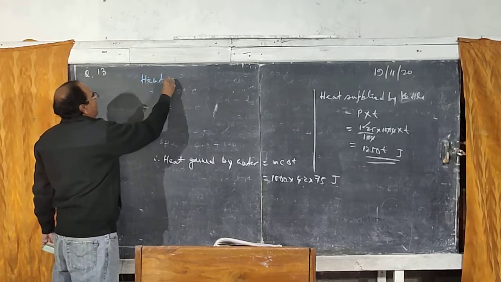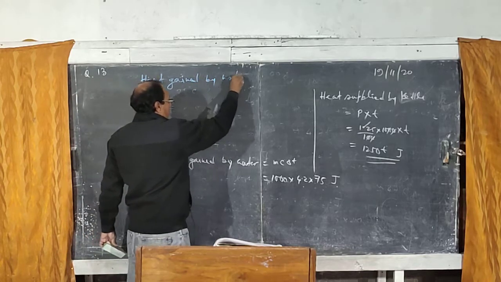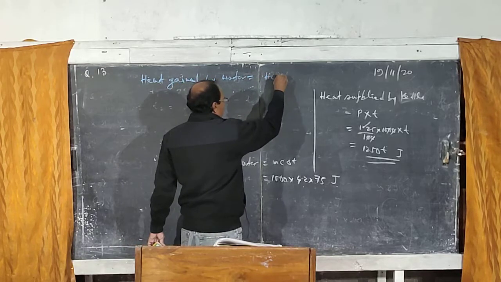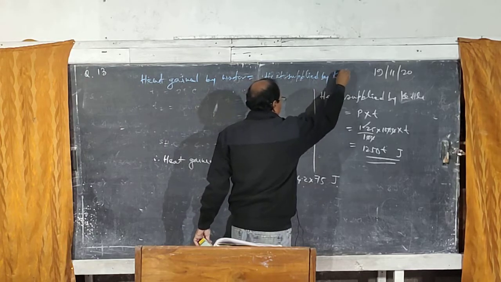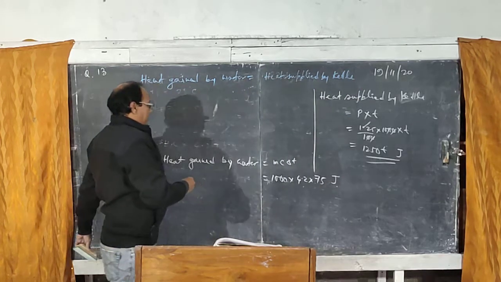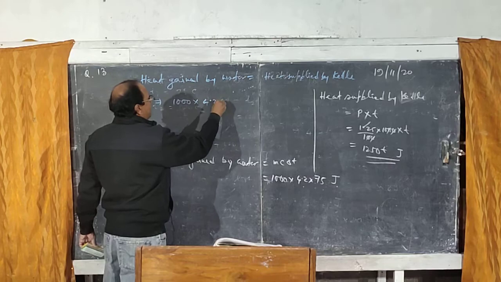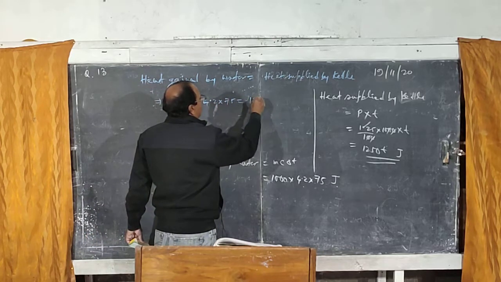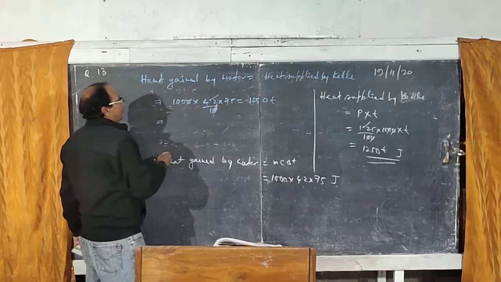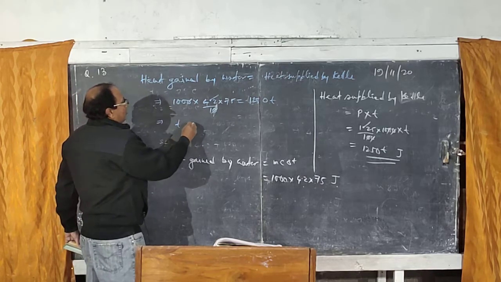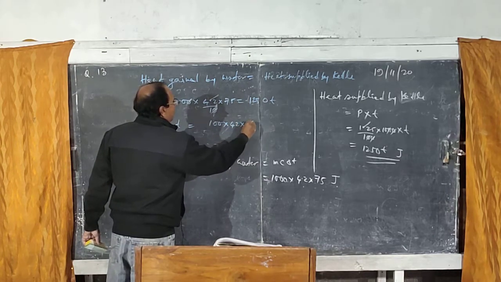Heat gained by water equals heat supplied by kettle. So here 1000 into 4.2 into 75 is equal to 1250 T. Remove decimal point, 10 comes, 0, 0 cut. So we have got T is equal to 100 into 42 into 75 by 1250.